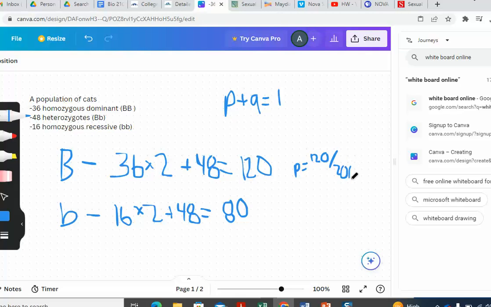It's pretty easy to calculate q, which is the frequency of the recessive allele. That's just going to be 80 divided by 200, which is 0.4, and p is 0.6.